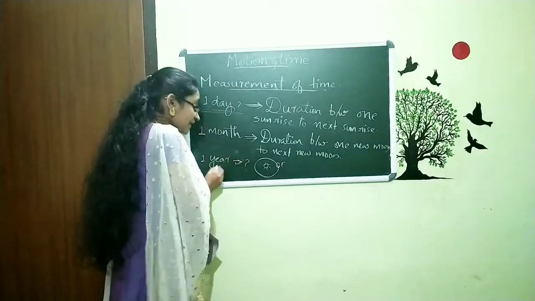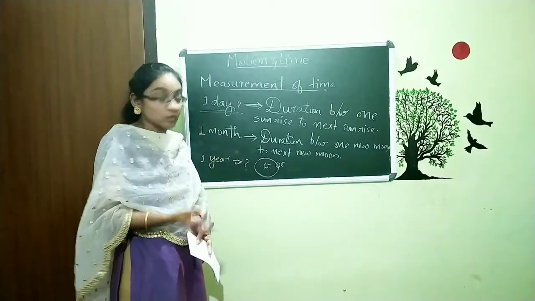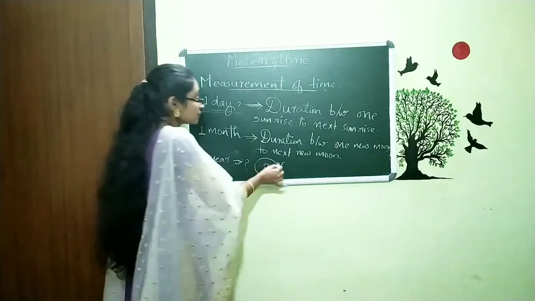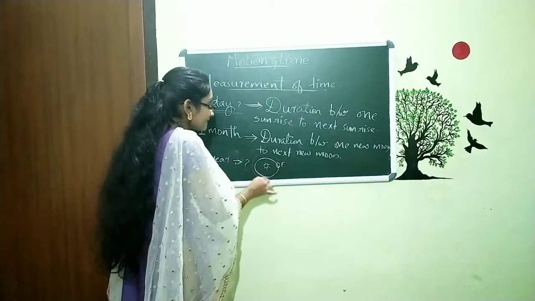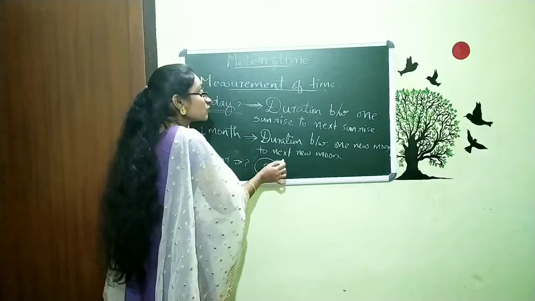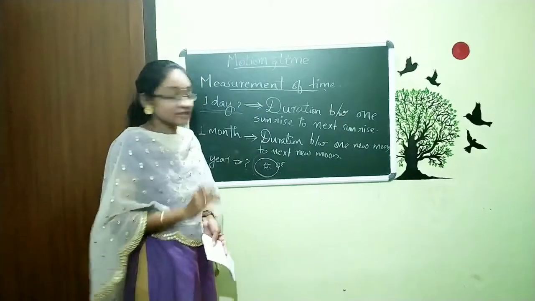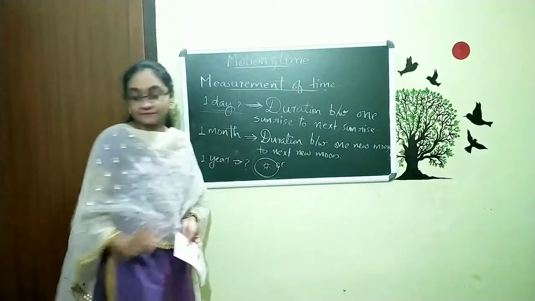So, 1 year is the duration, or the time taken, to complete one revolution of the earth around the sun. That is what 1 year is.